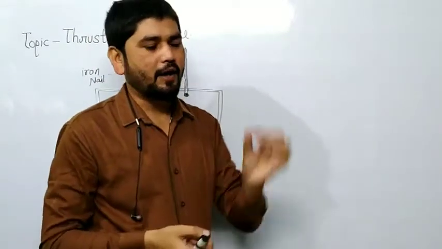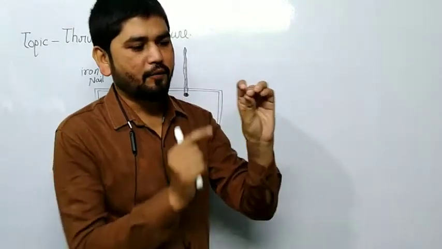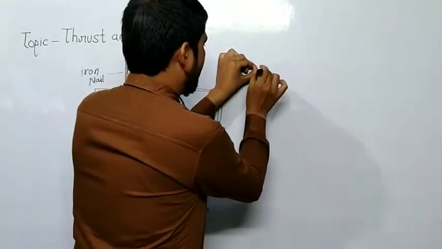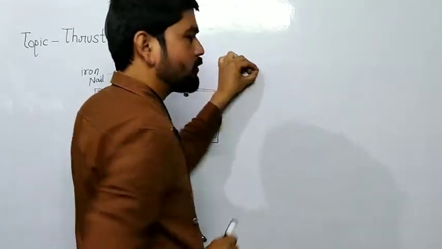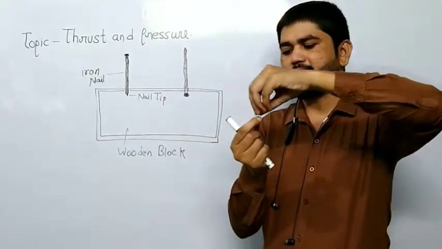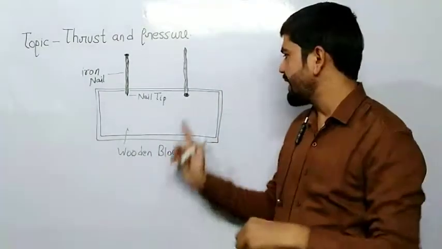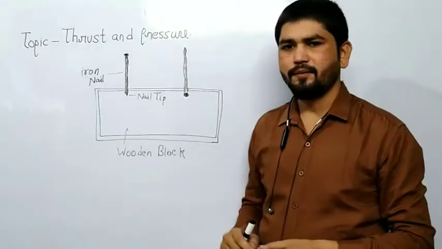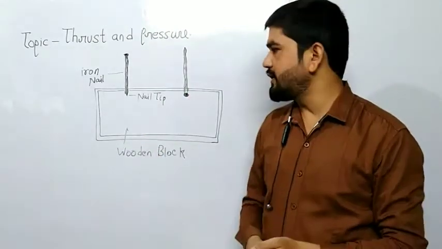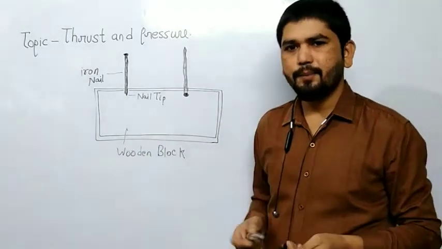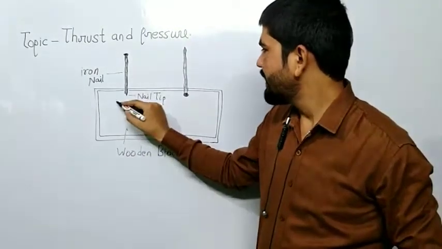Another one, now I am changing it. I am going to apply force on this side and try to embed it. So two kinds are there: one like this, and the second like this. Which one is easier? Simply you will say, sir, the first one is easier.